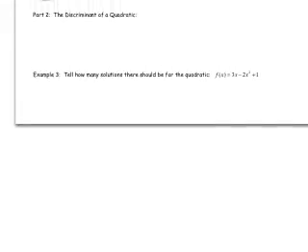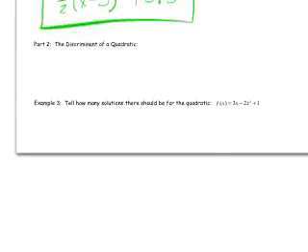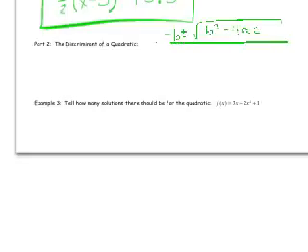The discriminant. The discriminant is part of the quadratic formula. If we talk about the quadratic formula, it is negative b plus or minus a large square root b squared minus 4ac all over 2a.